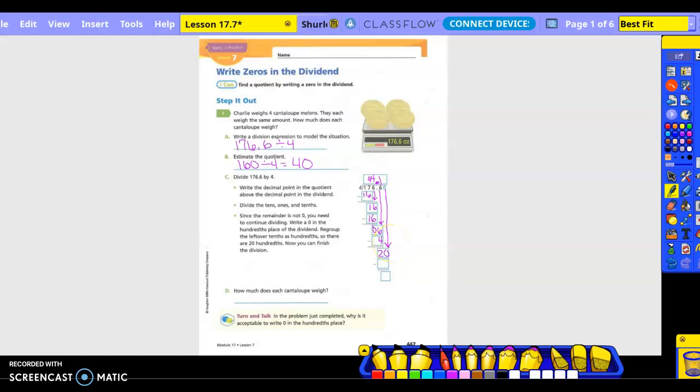We're going to bring the 0 down. So 4 into 20 is 5 times. 5 times 4 is 20, and we have nothing left over. So are we good to go? Yep. So each cantaloupe weighs 44.15 ounces.